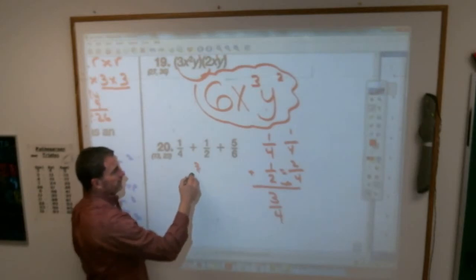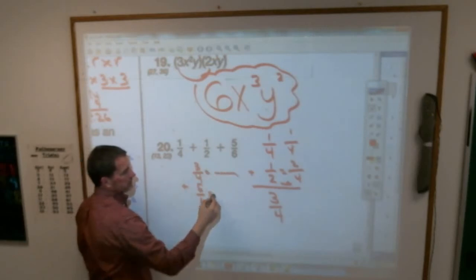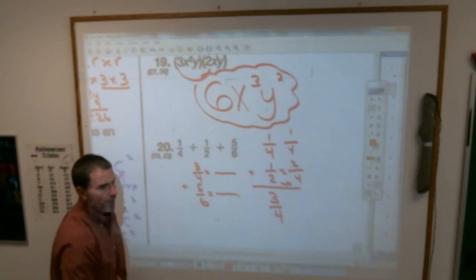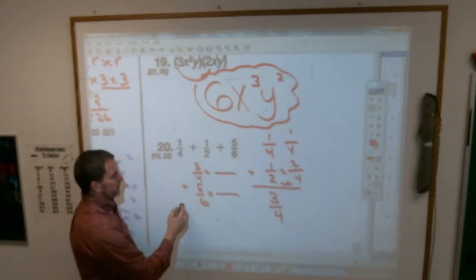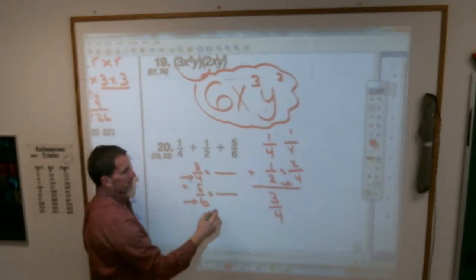And then 3/4 plus 5/6. What did you use for a common denominator there? Well, neither one of them going to 20. No, you're doing the bottoms, 4 and 6. Common denominator for 4 and 6, I would go with maybe a 12.